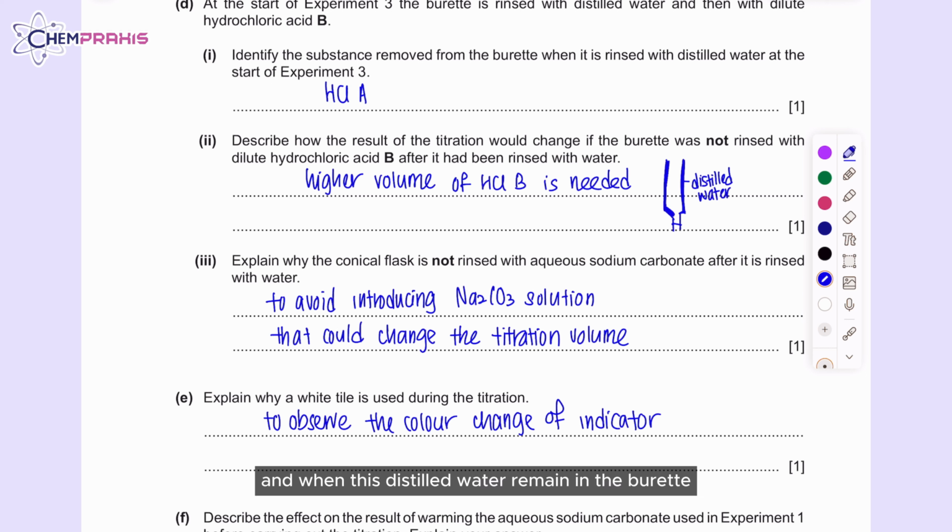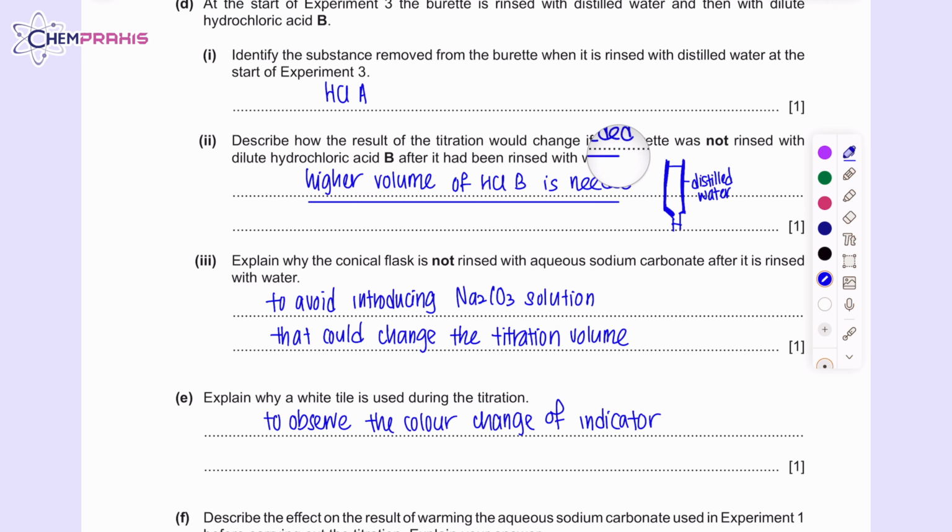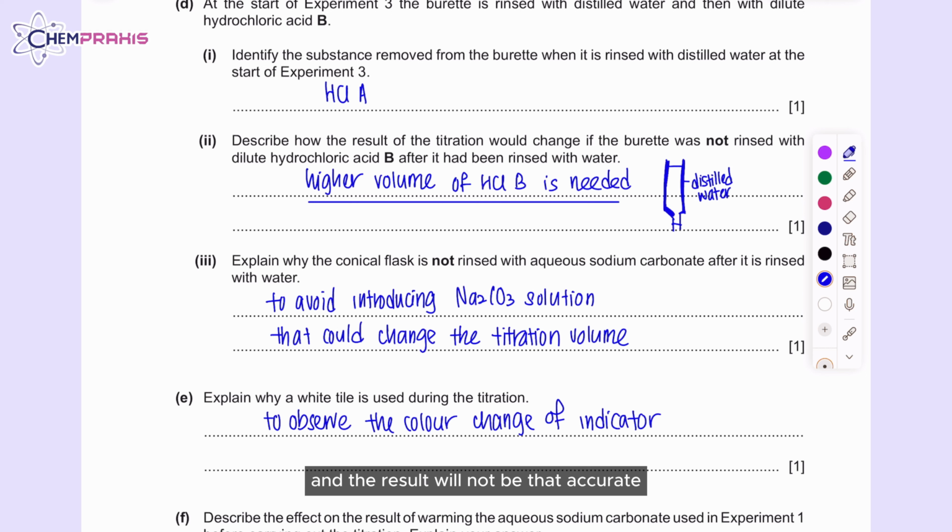And when this distilled water remains in the burette and you add hydrochloric acid B, you will affect the titration volume. In this case, higher volumes of hydrochloric acid B are needed, and the result will not be that accurate.